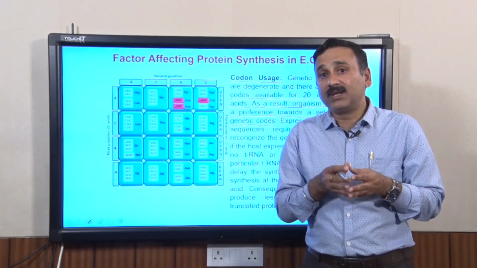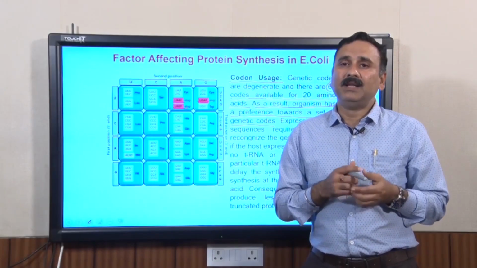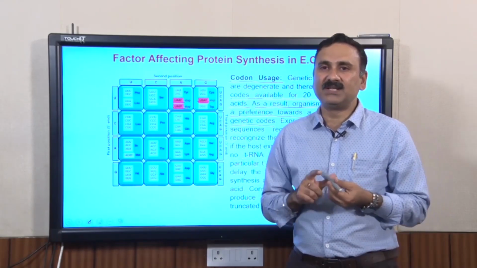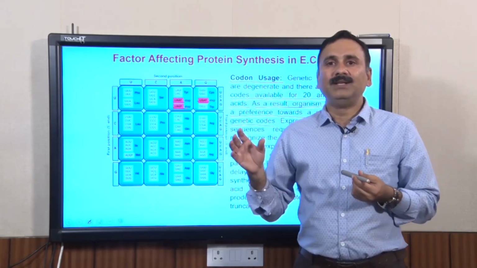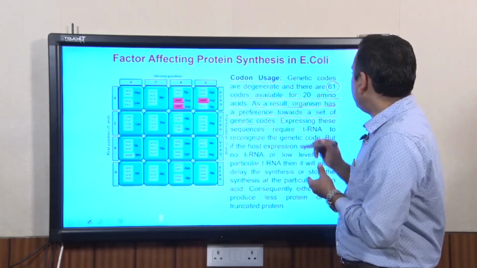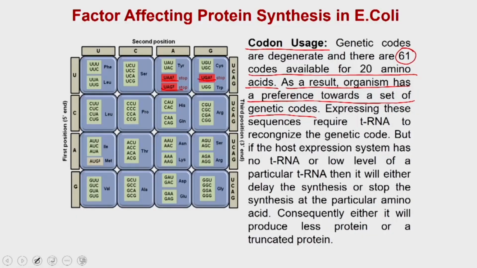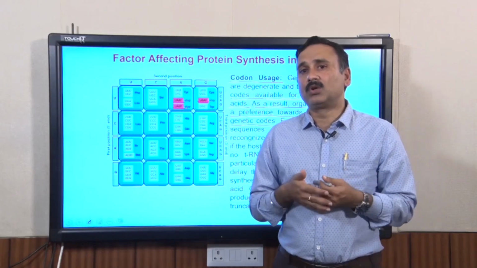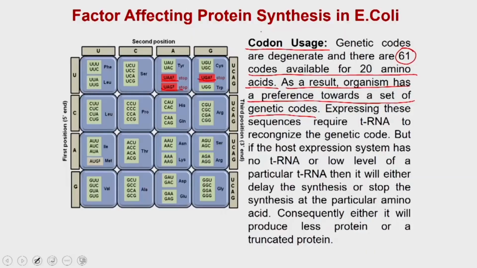of amino acids. In those cases, what will happen is that if you are cloning a protein into the E. coli expression system, you have to ensure that the tRNA corresponding to these codons should be available, and this particular type of unique problem is called the codon usage problem.